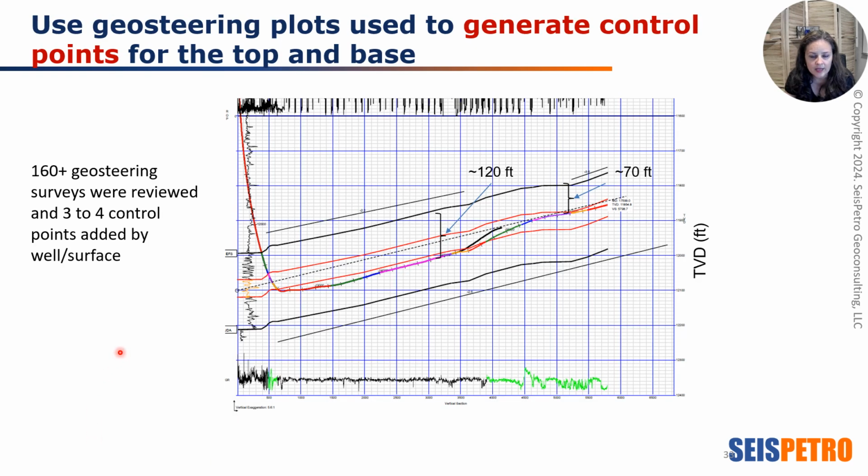To correct for that, we reviewed 160 geosteering surveys to add 3 to 4 control points in the surface modeling. So we calculated how much distance we have to the top, and estimated 3 to 4 points for each of the wells.